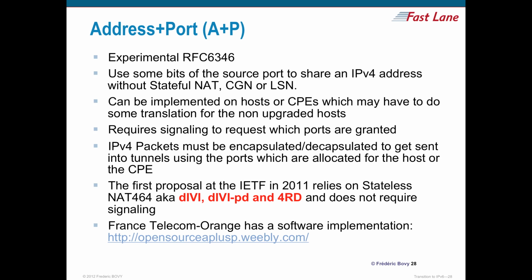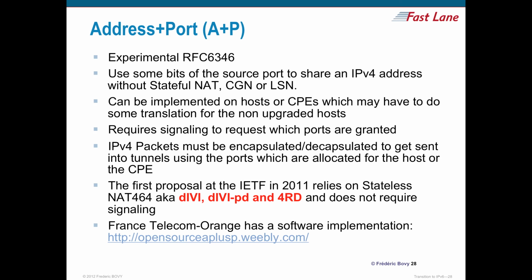The other functionality needed by the A plus P border router is to do the encapsulation of IPv4 in IPv6, for instance. This can be performed by the 4RD protocol, and this is what has been proposed again in the first proposal.